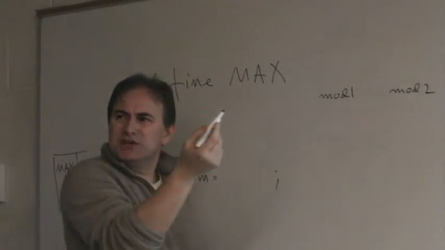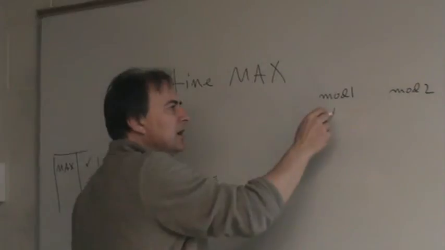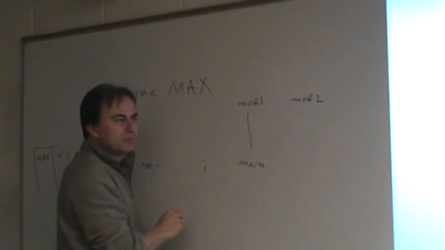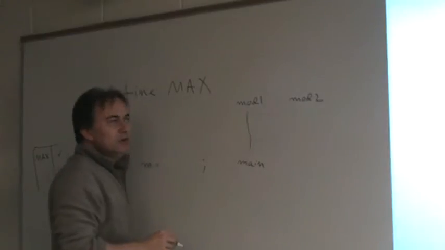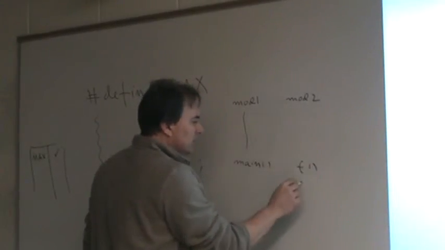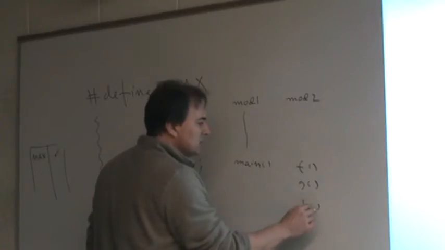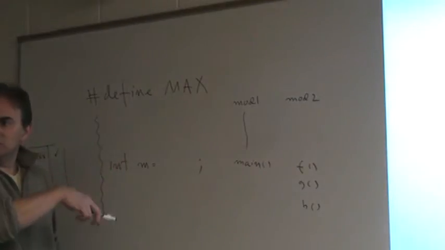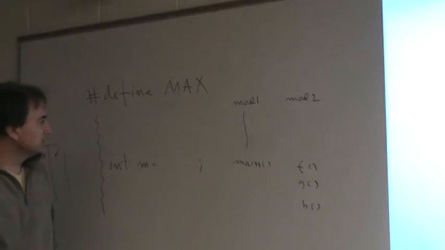Module 1, for simplicity, is going to contain only the main method. It will be the driver of this program. In module 2, let's say it's going to have the function f, the function g, the function h. So it's going to have these exports, if you will, right? You will define these functions and export them.